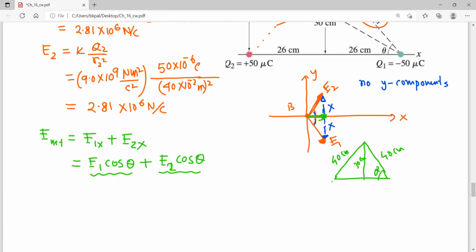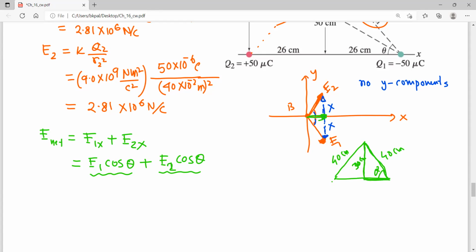We can determine it from trigonometry. If we know this length, the hypotenuse, and this is the opposite, we can easily calculate the adjacent.